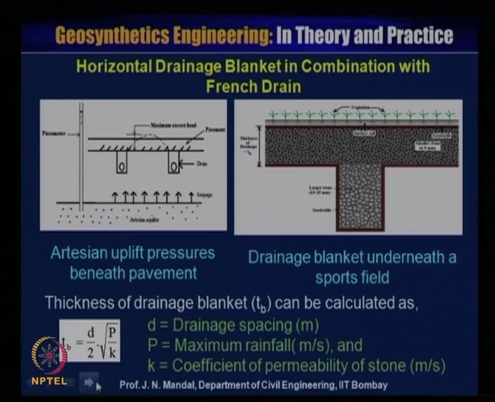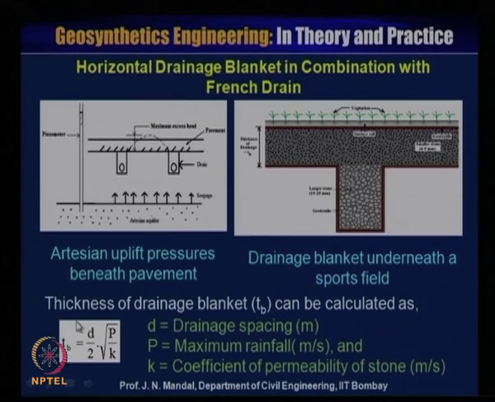TB is equal to D by 2 root of P by K, where D is equal to the drainage spacing, that is between the two drains, in meters, and P is equal to the maximum rainfall in meters per second, and K is the coefficient of permeability of stone in meters per second. So if we know these, then you can calculate what should be the thickness of the blanket.